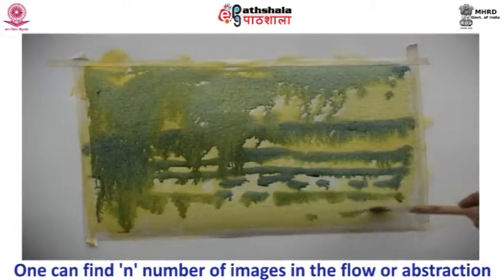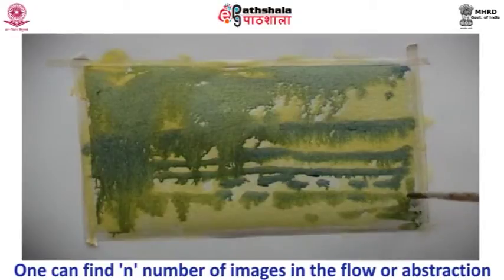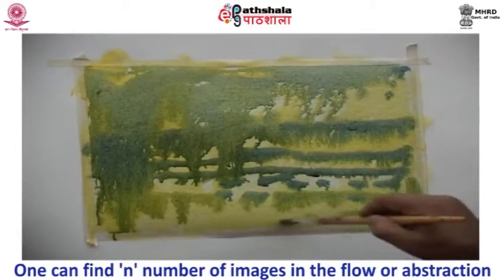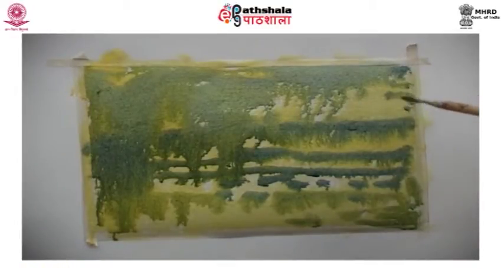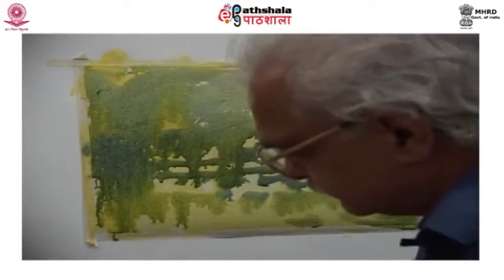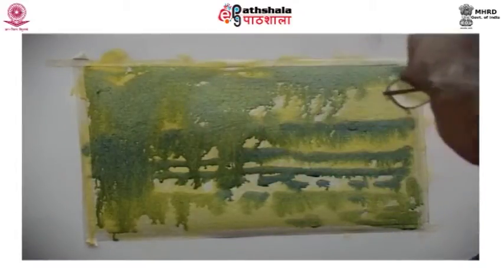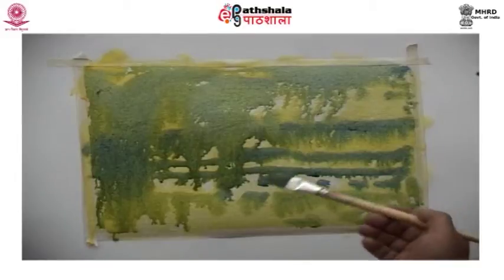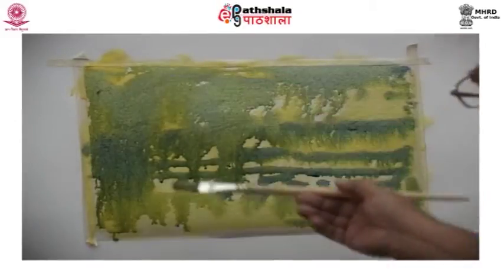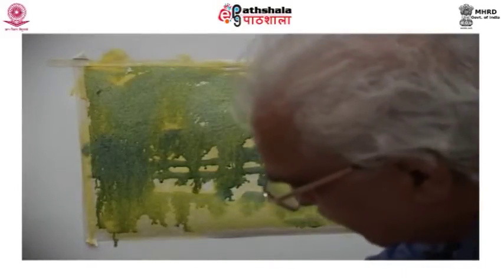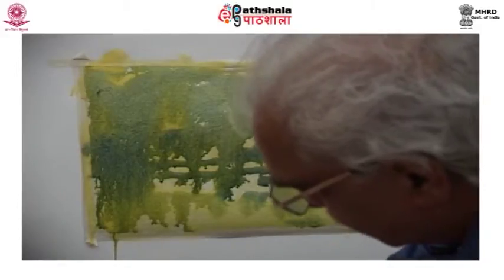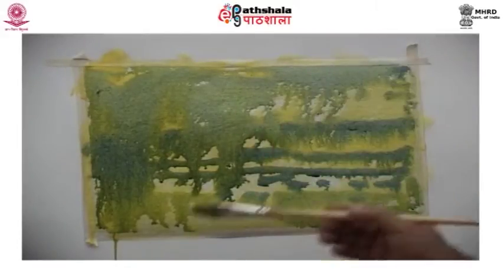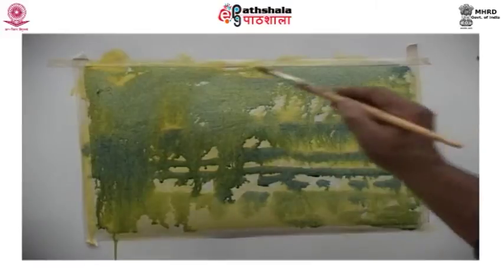One can find n numbers of images in the flow or abstraction. Imagination can play wonders to an artist as well as the viewer's mind, whether it's a vision for images or finding and creating various tones by blend of two colors.